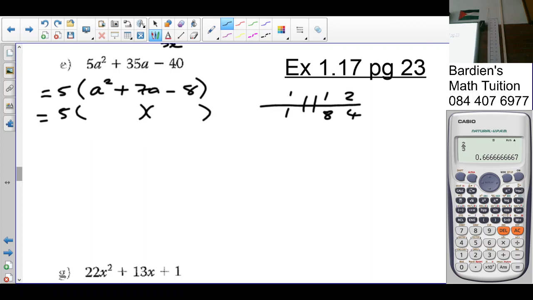We add or subtract our factors? Subtract. It's 1 and 8. So you're going to have a and 1, 1 and 1, 1 and 8. What about our signs? One plus, one minus. The bigger product must be plus, because the middle term is positive. It's going to be plus, eh?